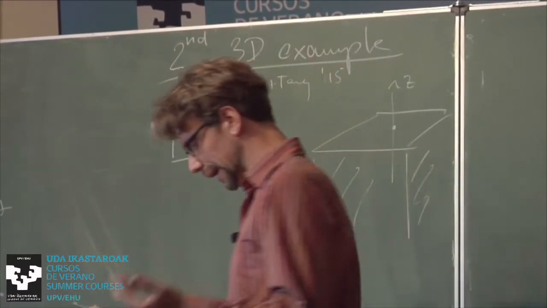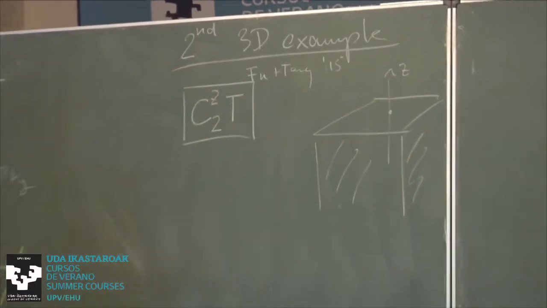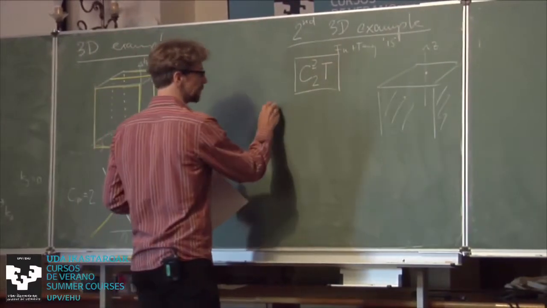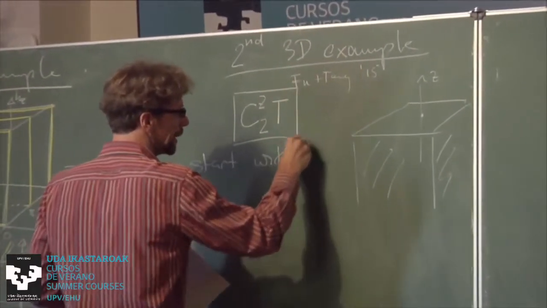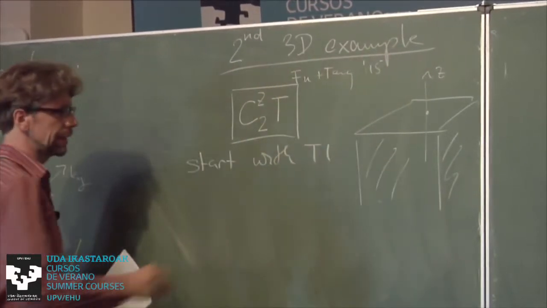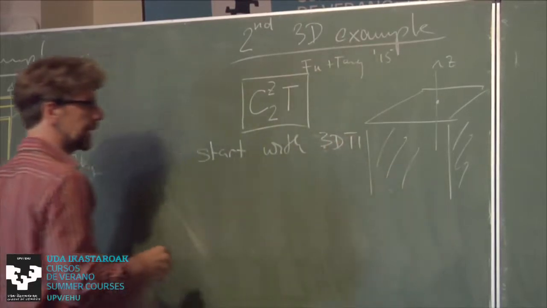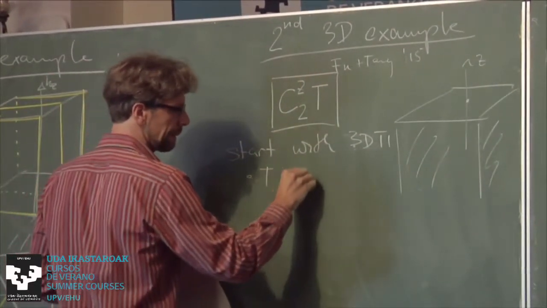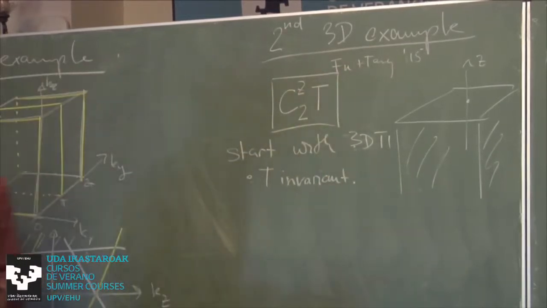But before I do that, I would like to motivate this by starting with a topological insulator. I want to start with a 3D TI that is T invariant. That's the only thing I need to define a 3D TI.